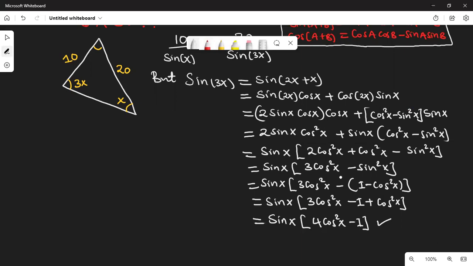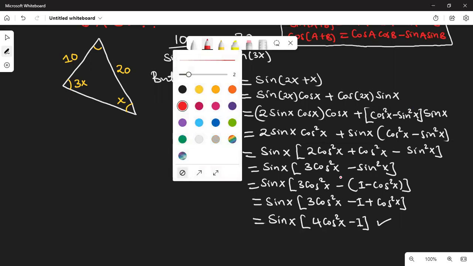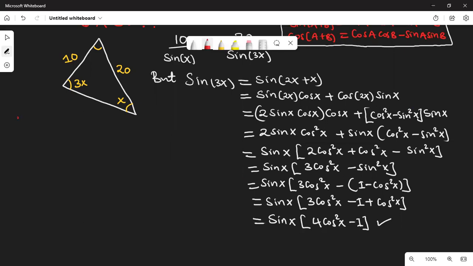So if I go back to my sine rule, you can say therefore, let me write it here. You write therefore, we talked of 10 over sine x being equal to 20 over sine 3x. But sine 3x is the same as sine x in bracket 4 cos squared x minus 1.